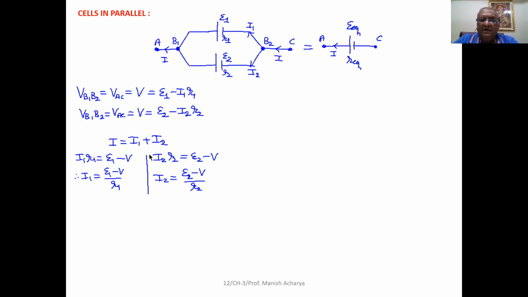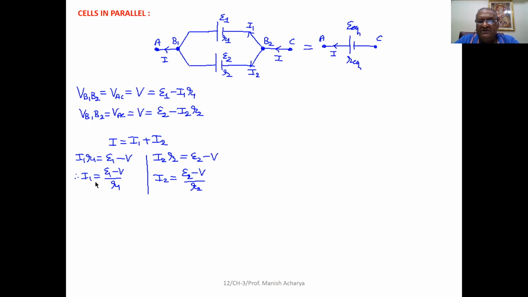Now, from these two equations, one equation is I1 R1 equal to E1 minus V. Therefore, I1 equal to E1 minus V upon R1, and another equation I2 R2 equal to E2 minus V. So I2 equal to E2 minus V upon R2.